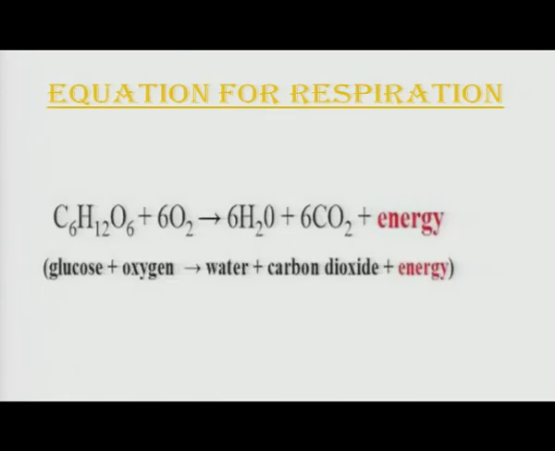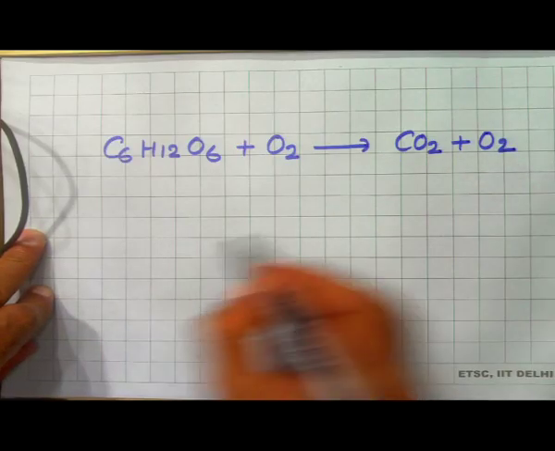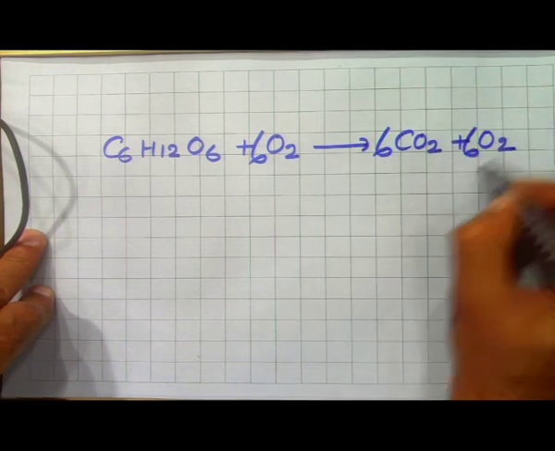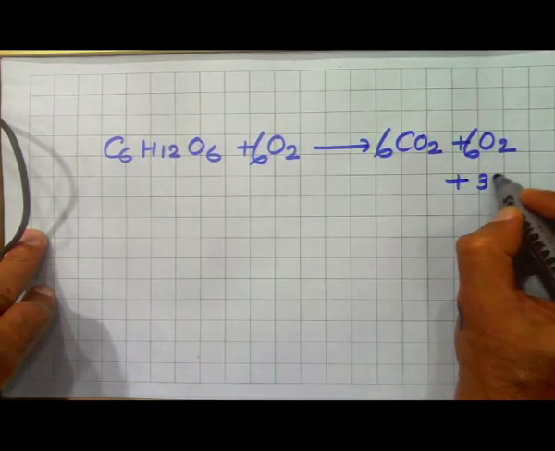Now, the equation for respiration we have already discussed. Now, the balanced equation is C6H12O6 combined with oxygen, which gives carbon dioxide plus water and ATP. When balanced, it is 6, 6, 6 and it gives 38 ATP.